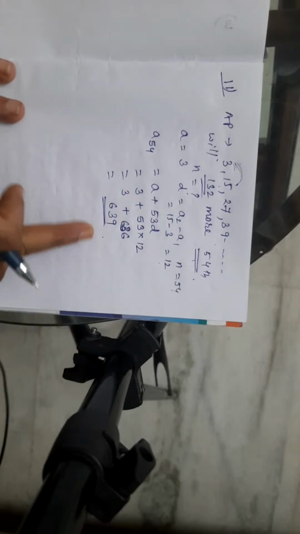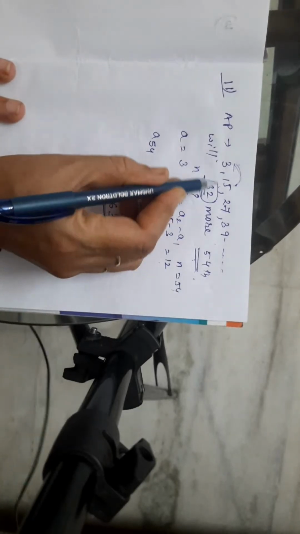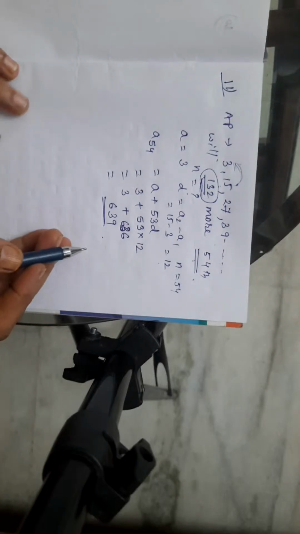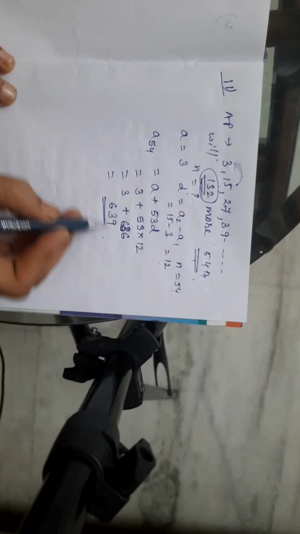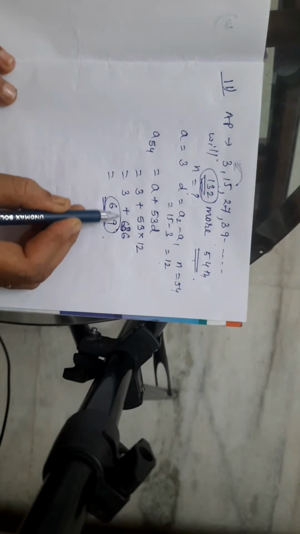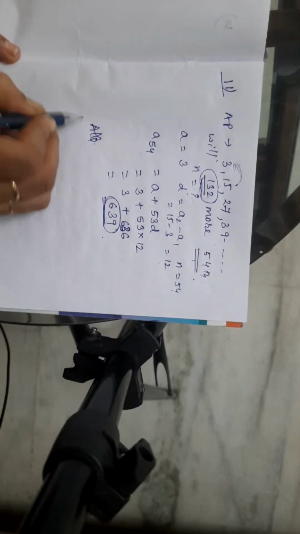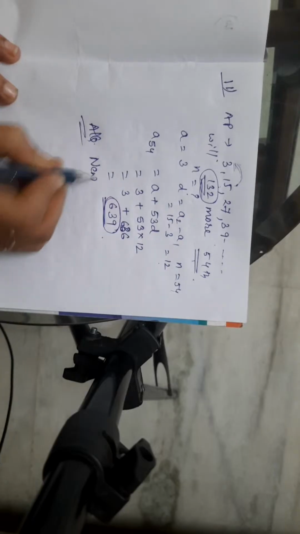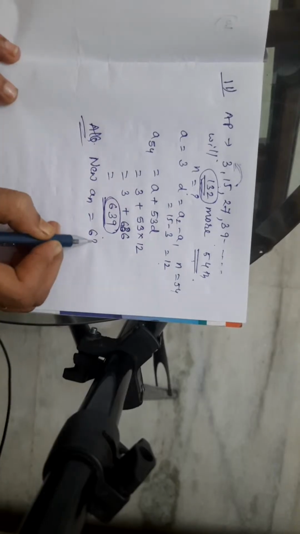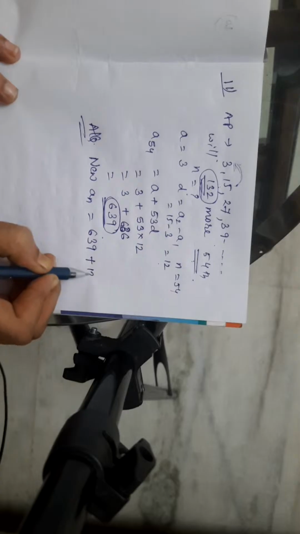Now the question is which term is 132 more than its 54th term. So we'll be adding both the values to get the An value. Now according to the question, new An is 639 plus 132.